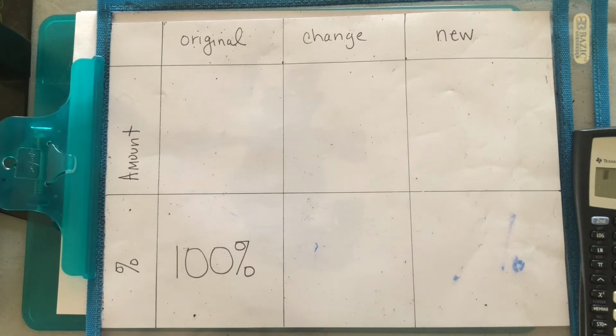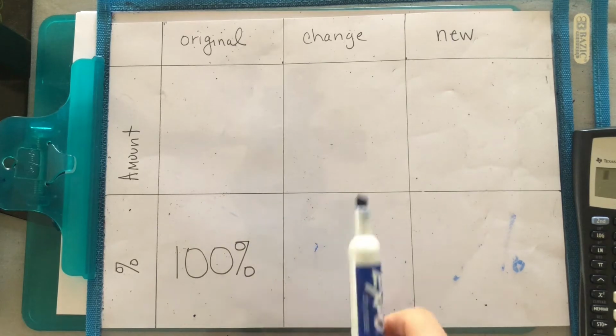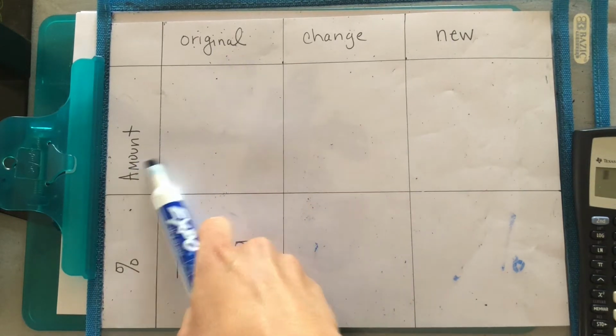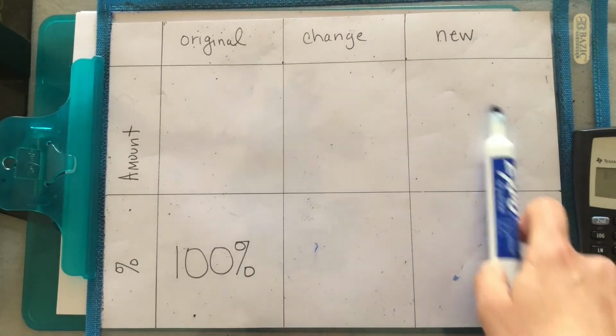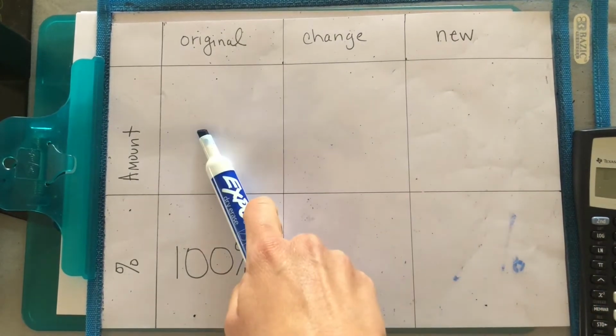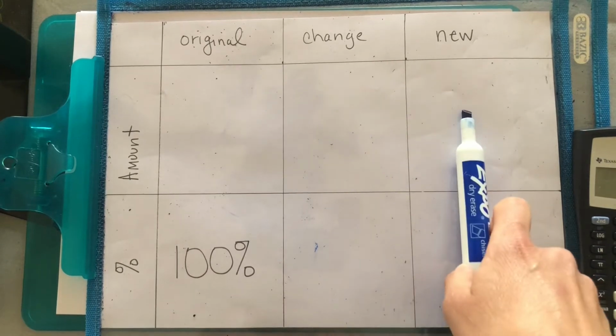So one of the challenging things about working with percent questions is identifying what information we have and what information we're looking for. So today when we're talking through some examples of percent of change, I'm going to use this chart. So we have three quantities here. We have our original quantity or amount, we have the amount of change, and then we have our new amount, which will be the original plus or minus the change.